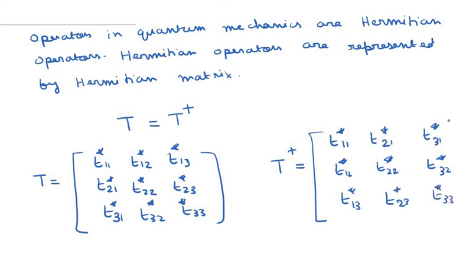So we take the complex conjugate of all the elements, and then we convert the columns into rows.